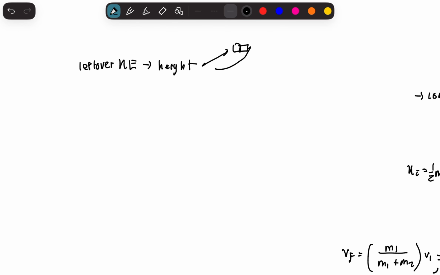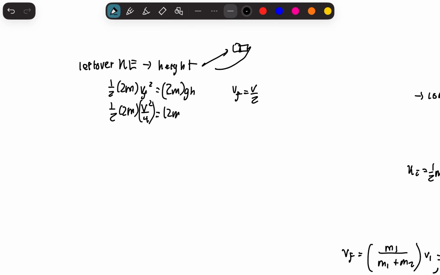They went up to there. So you have 1/2 2m Vf squared is equal to 2m gh. You have Vf is equal to v over 2, so 1/2 2m v squared over 4 is equal to 2m gh.